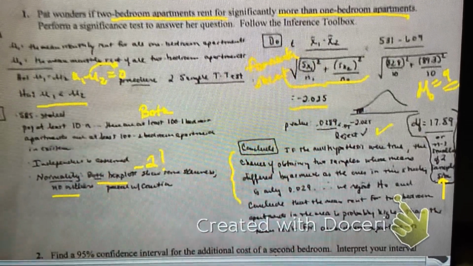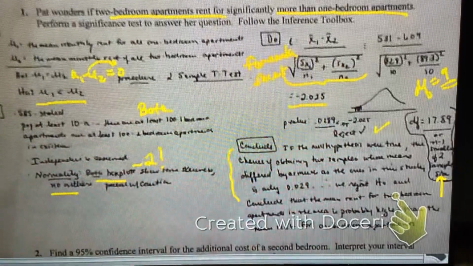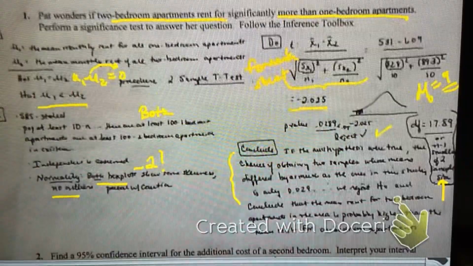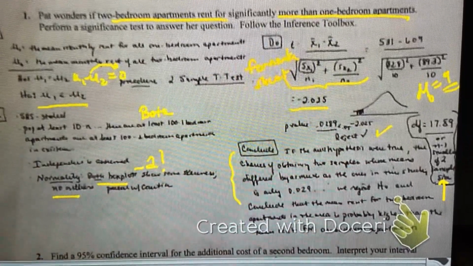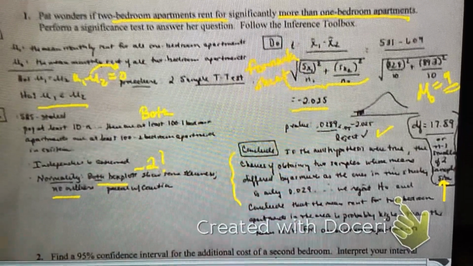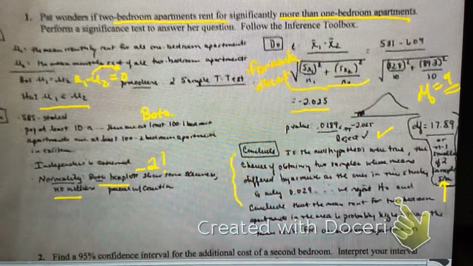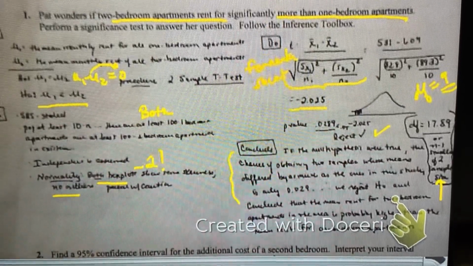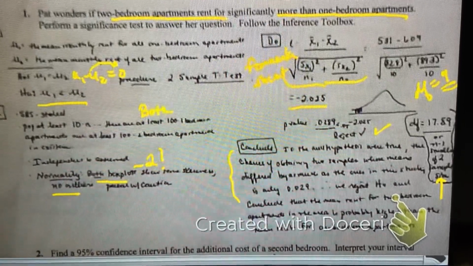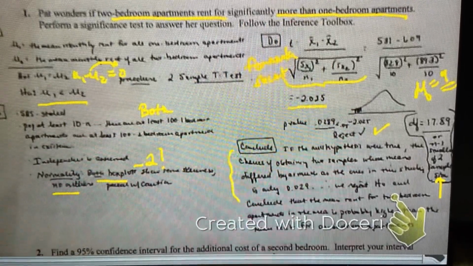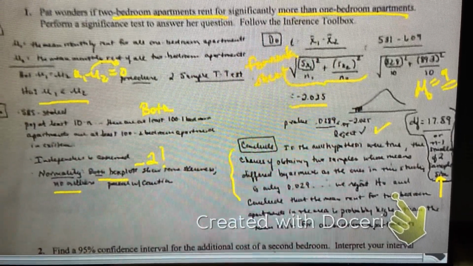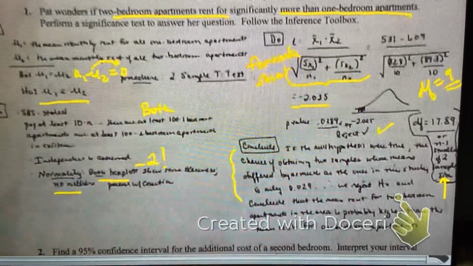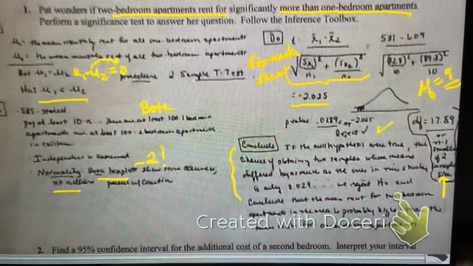This is how you talk about it: if the null hypothesis were true, if indeed the mean rent for a one-bedroom apartment and a two-bedroom apartment were the same, the chance of obtaining two samples whose means differ by as much as this one in this example is only 0.029. And that's just due to chance alone. Well, that is very unlikely to be due to chance alone.